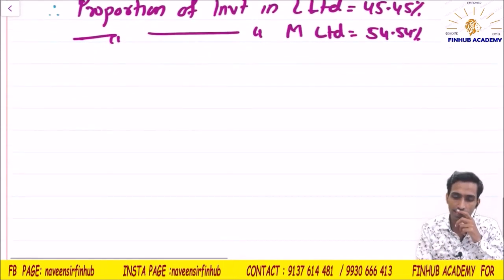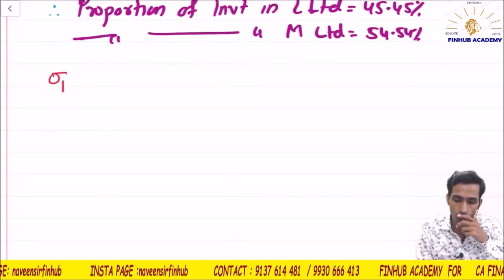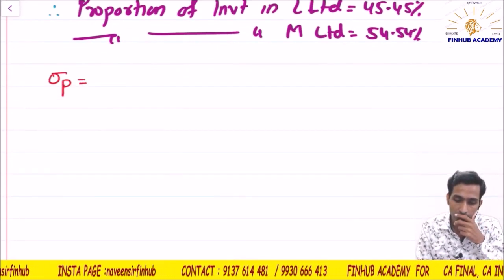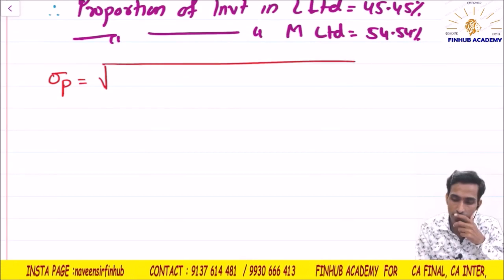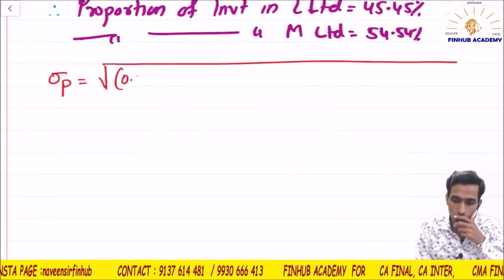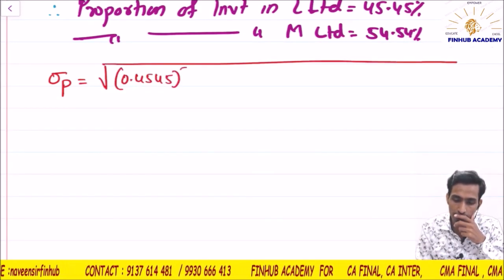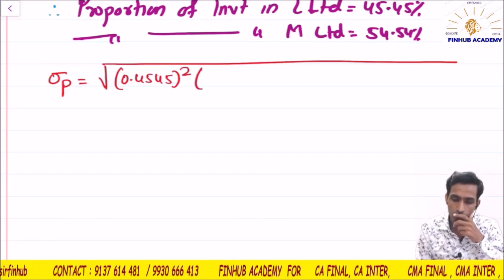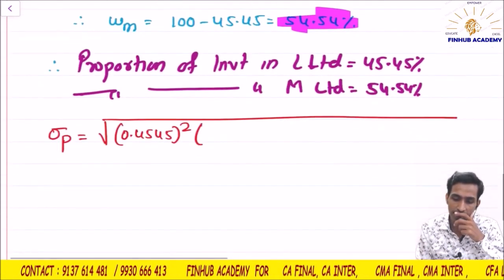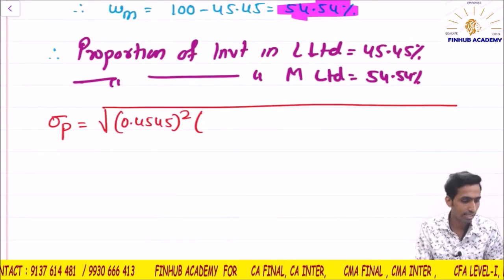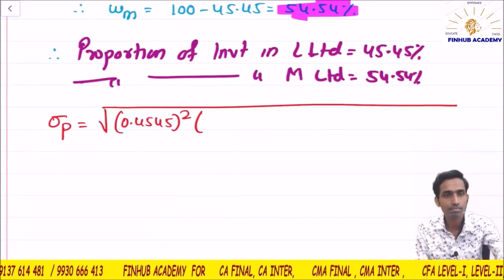We will have to calculate the standard deviation of the portfolio when the weight is 0.4545, the whole square into the variance of the first one. L is what? How much is L's standard deviation? 18. Correct?